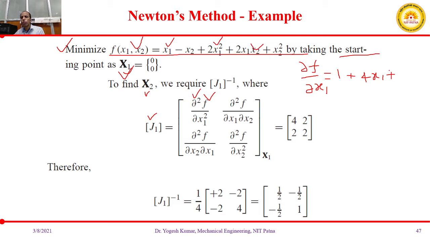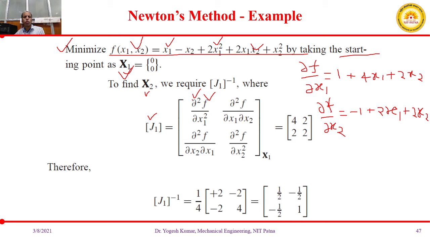Now you again take the partial derivative with respect to x2, and del f over del x2 will be minus 1 plus 2x1 plus 2x2.